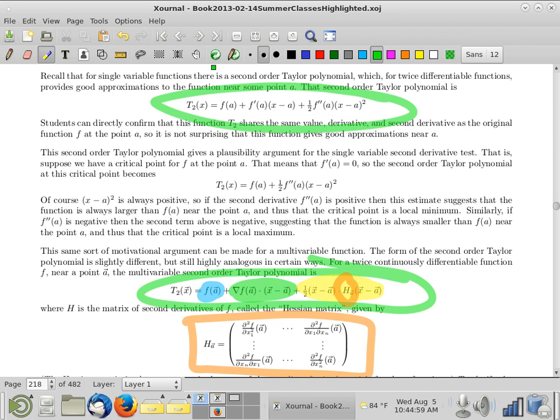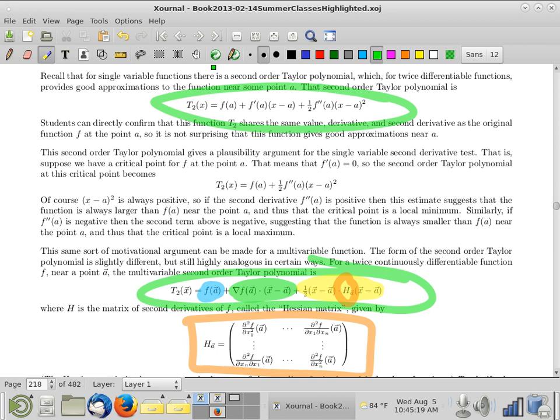So the reason that this is the second order Taylor polynomial for a multivariable function is that this function has the same value, first partial derivatives, and second partial derivatives as the function f.